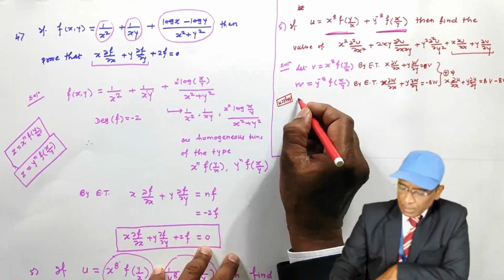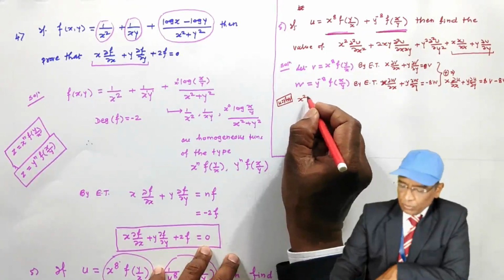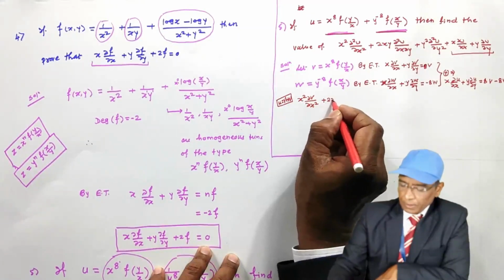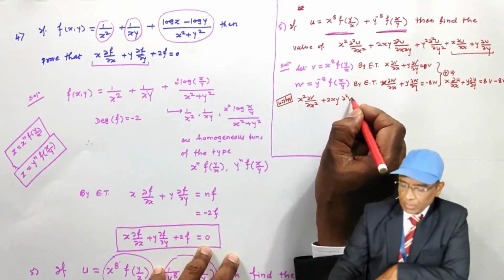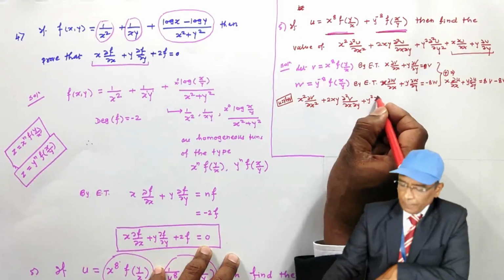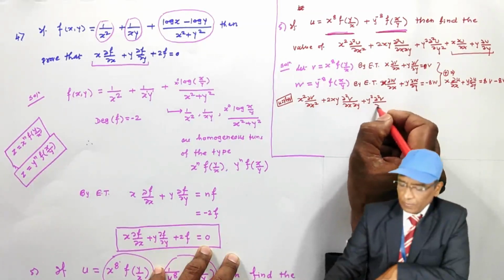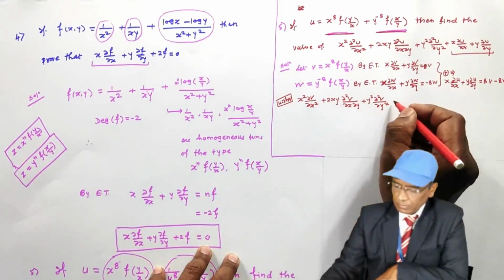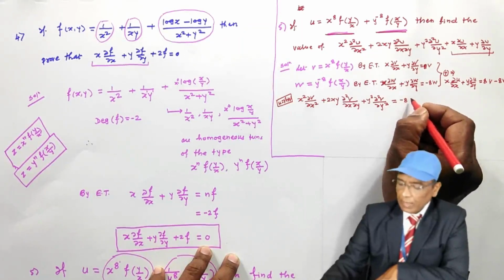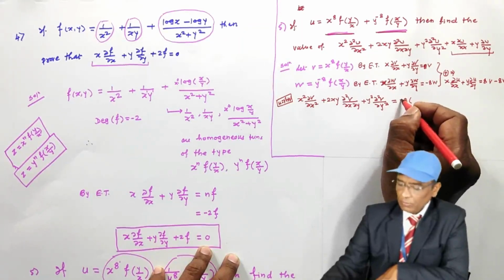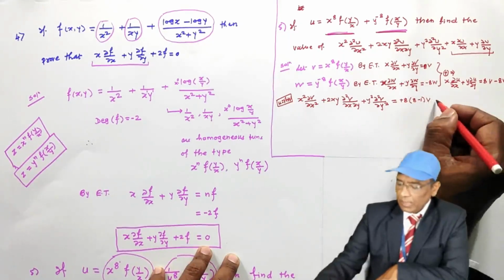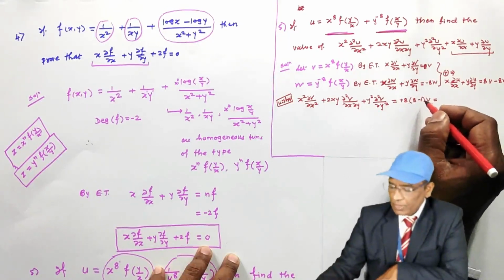Okay, by Euler's theorem, x square del 2v by del x square plus 2xy del 2v by del x del y plus y square del 2v by del y square is equal to n minus 1. n is 8 here, for v. n minus 1 into v. This is what? 8 multiplied by 7 is 56v.